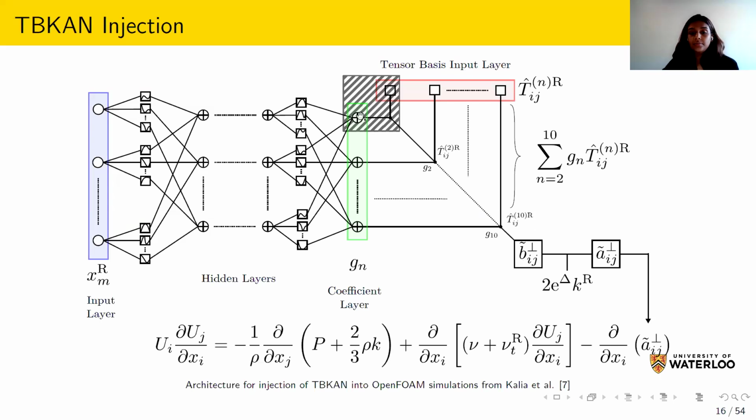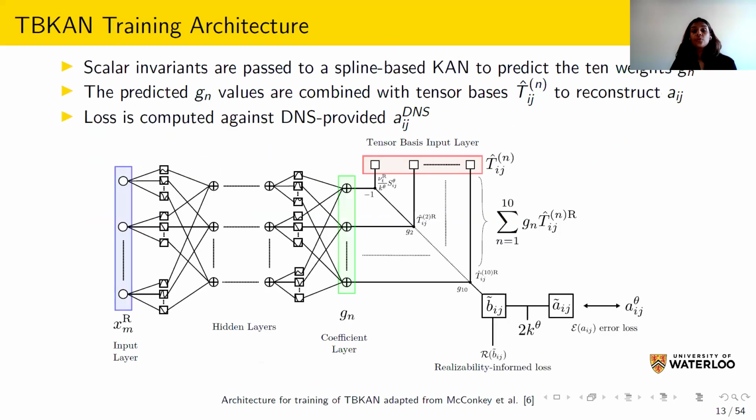So the G2 to G10 would be the explicit part. I think only the GN are the output of the neural network, but the TIJ, the tensor bases, are coming from the solver, right? The TIJ parts are just multiplied into GN, and these get multiplied and summed together.